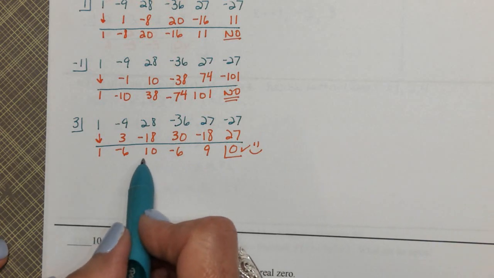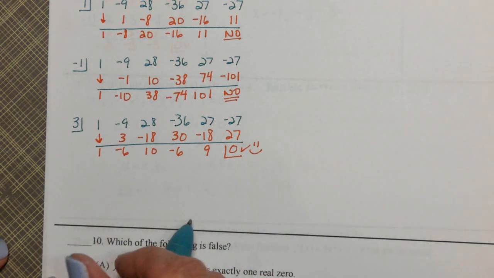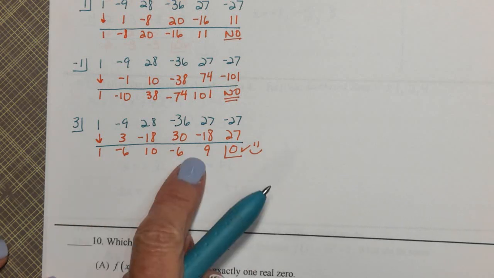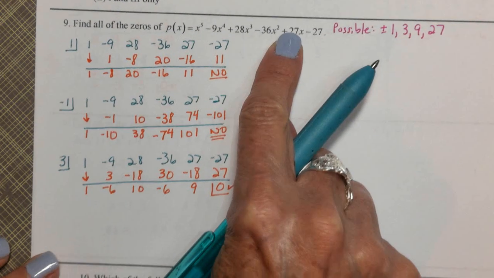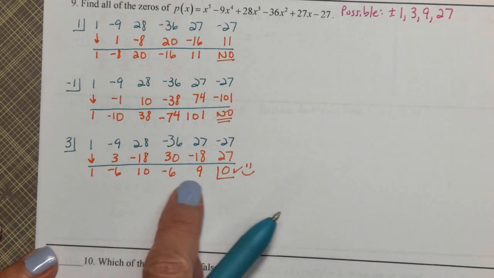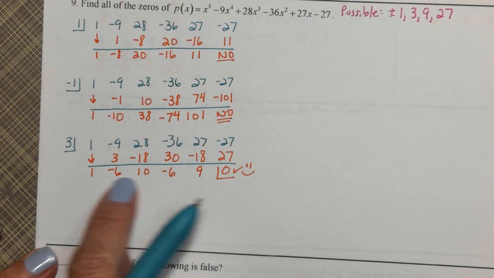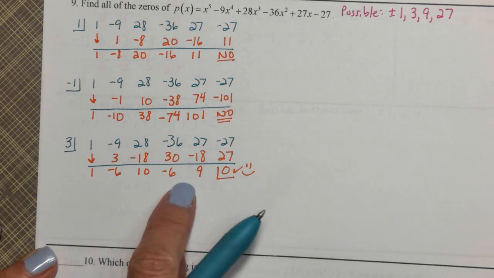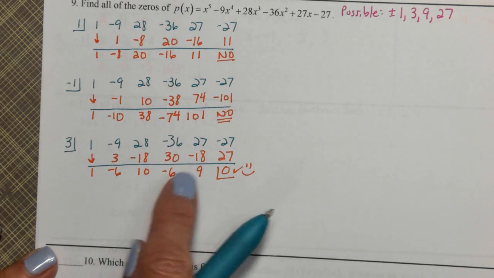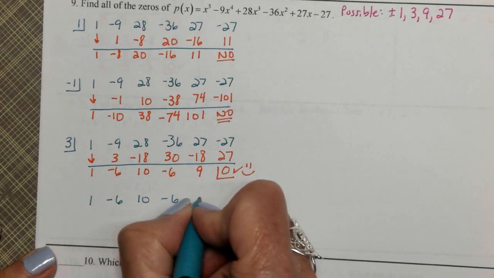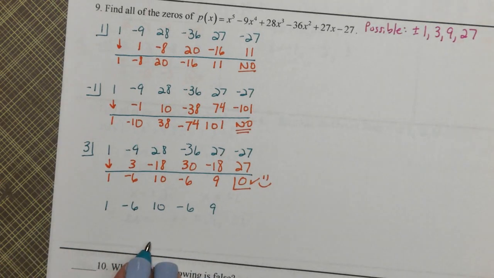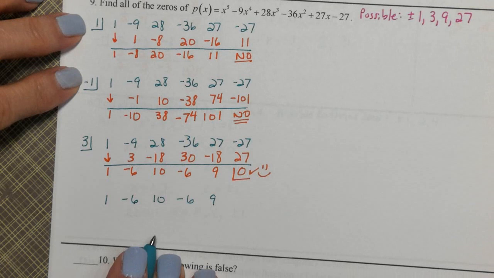So 4th degree, we have to keep doing our guess and check. Only I'm not going to guess and check using the coefficients that I started with. I'm going to guess and check using my depressed equation here, my depressed coefficients. So I'm using those. Should I try 1 and negative 1 again?